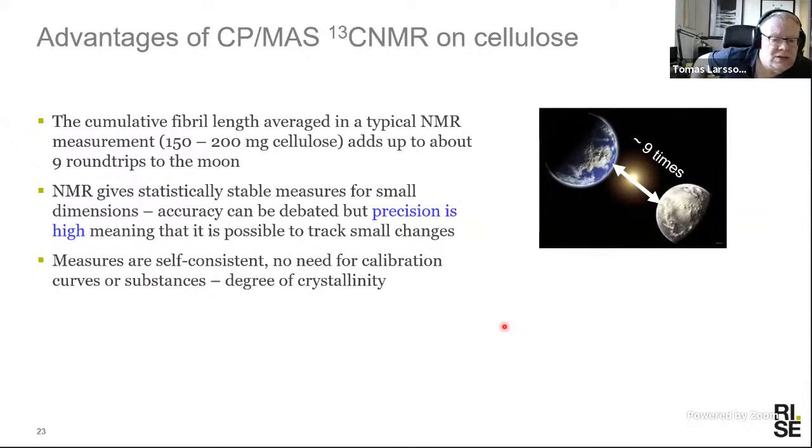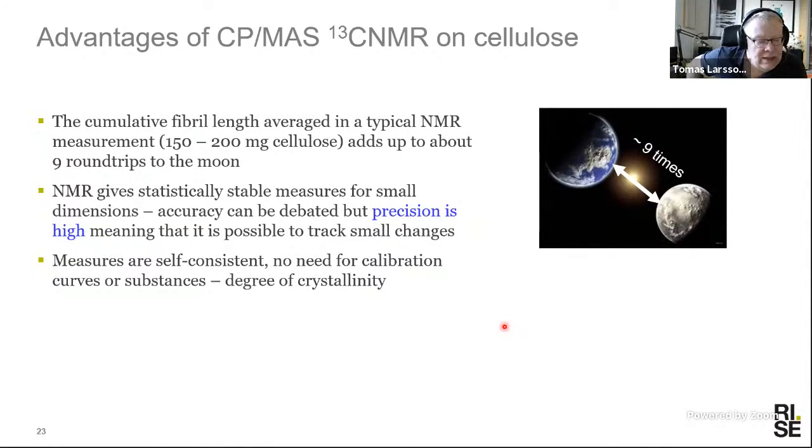And it's also a statistically stable method. We use a surface to volume ratio to take measures, and that means we have problems with large structures. As things become small, the surface to volume ratio increases, and we are getting more and more precise for smaller objects. So we have a high precision. Initially, we had a debate about the accuracy, whether the measures are right.